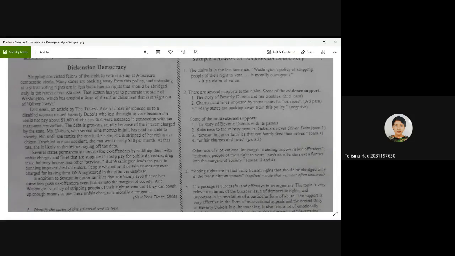Dickens' Democracy. This part, stripping convicted felons of the right to vote is a slap at America's democratic ideals. Many states are backing away from this policy, understanding at last that voting rights are in fact basic human rights that should be abridged only in the rarest circumstances.